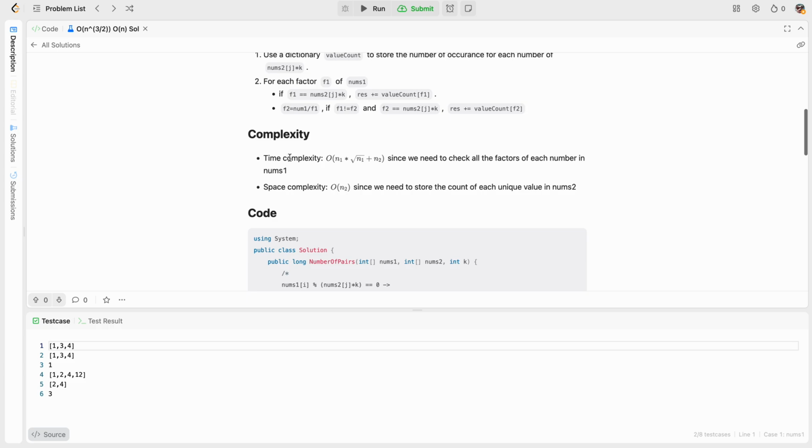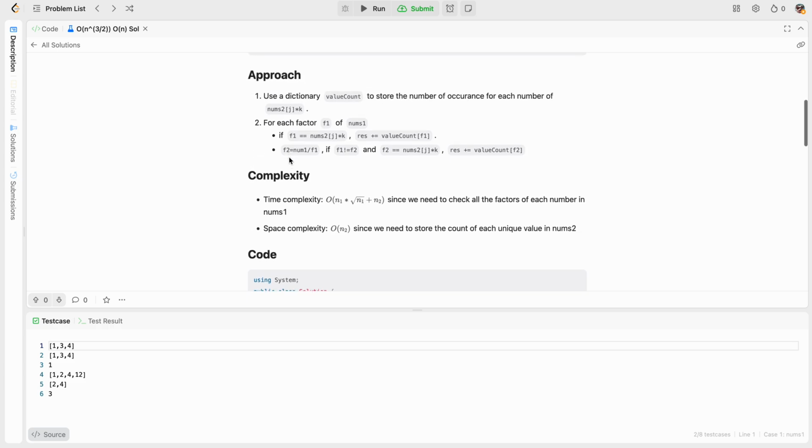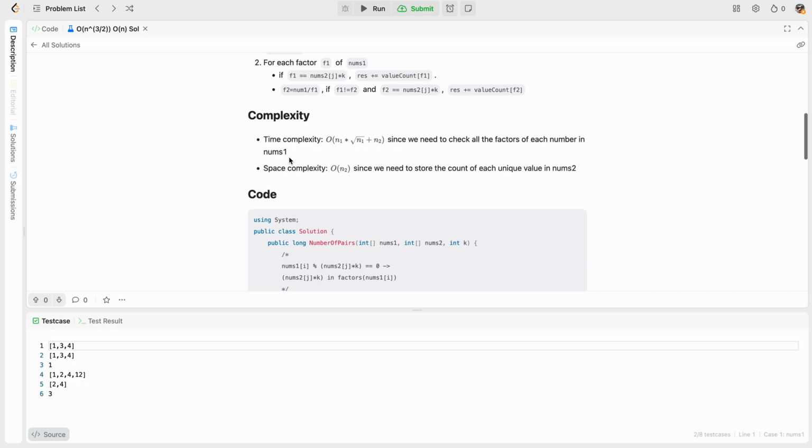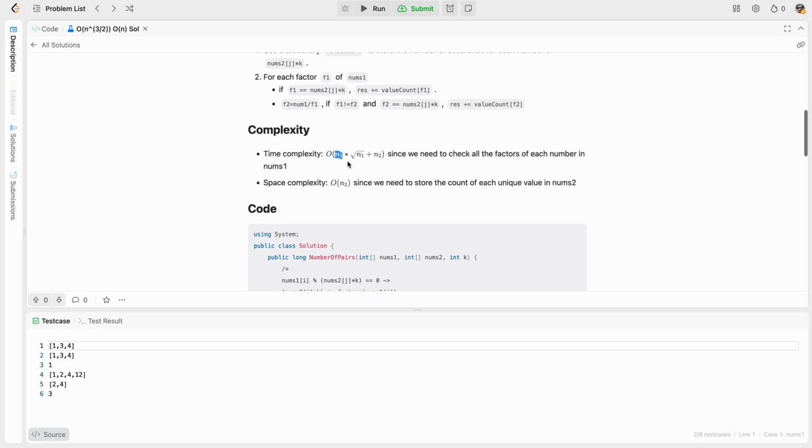And the time complexity for this solution is n times 1.5 plus n2, because for each element in nums1 we need to check its factors. If the factor is in nums2, we check the value count of nums2.